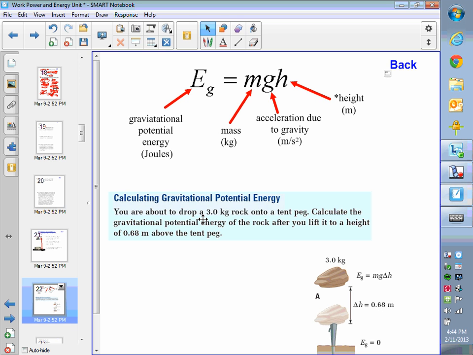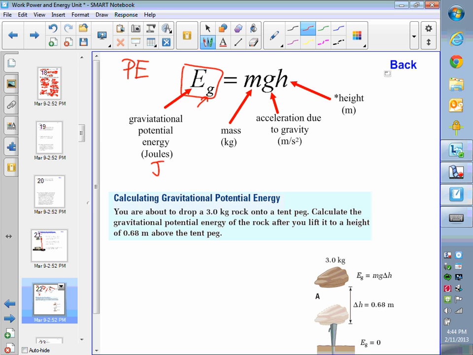It turns out that the gravitational potential energy, I'm going to call that E with a G, but some courses, textbooks, and videos will refer to it as PE for potential energy. It's the specific energy of gravity, gravitational potential energy, again in joules.